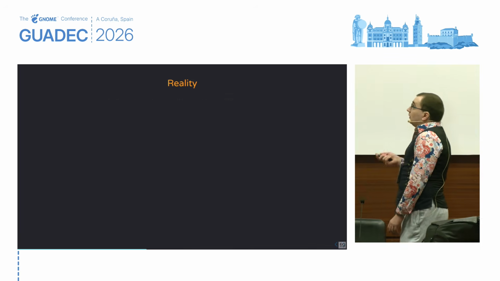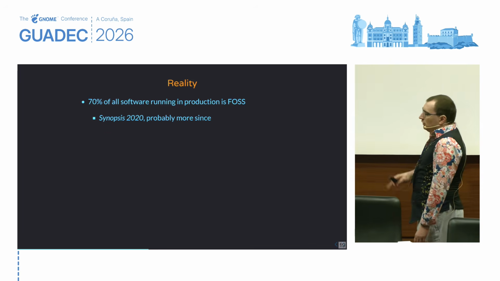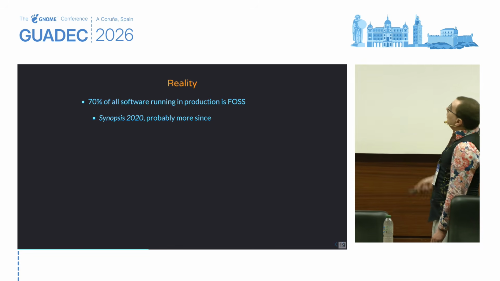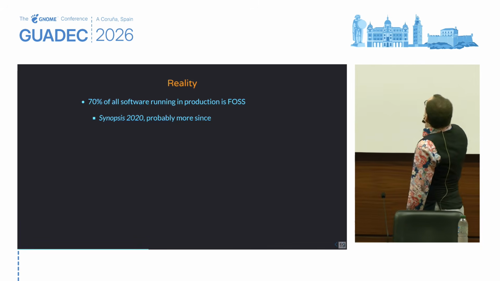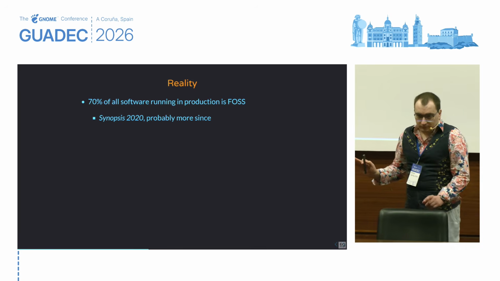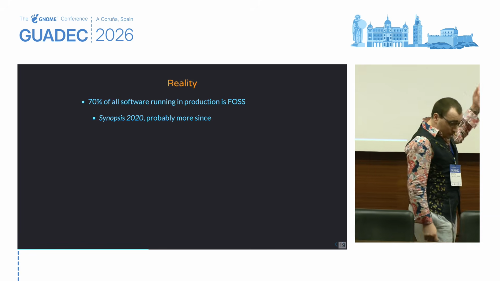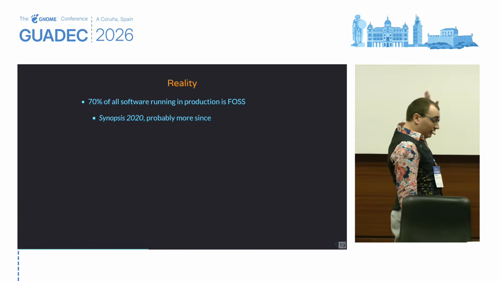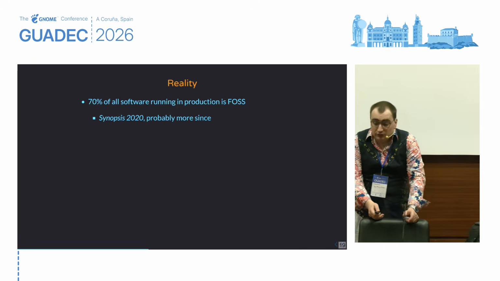A few choice cuts. We know that 70% to 90%, it depends how you count and how much you trust the studies, of all software running in production, and I mean all software, is free and open source software. I did not put the links for the studies in all this because they tend to move, but I put enough words that you can find them with an easy search. 70% of all software is free and open software.